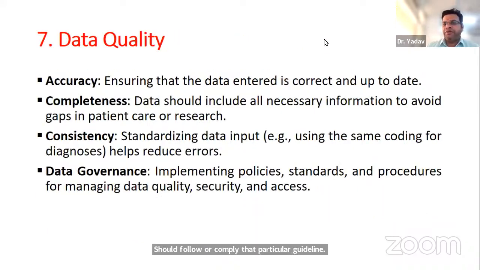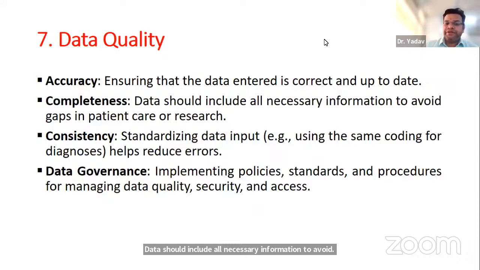So how do you maintain the data quality? For this, accuracy should be there, ensuring that the data entered is correct and up to date. Completeness: data should include all necessary information to avoid gaps in patient care or research.